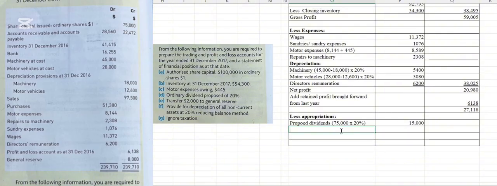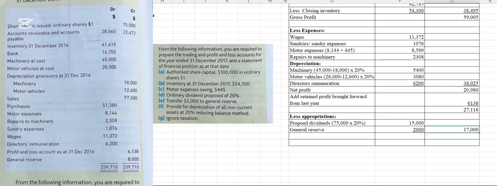So in the appropriation, you only record the 2,000 transfer because we're dealing with the current year's allocation and not the total general reserve. So we're going to put general reserve 2,000. We add the 15,000 with the 2,000, we arrive at 17,000.